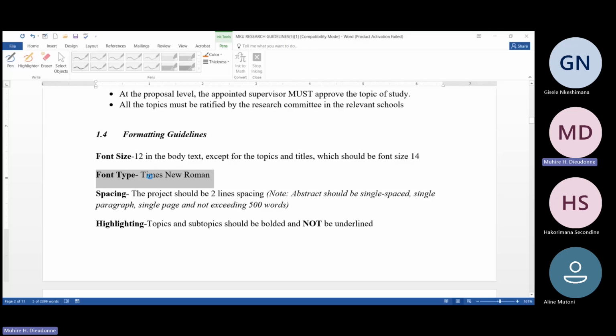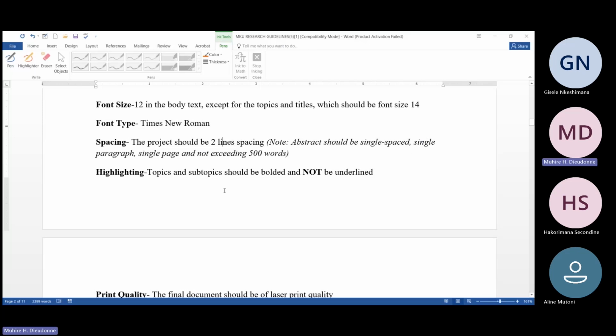Font type must be Times New Roman. Then line spacing is 2, only on the abstract we have line spacing of 1, a single paragraph on a single page, not exceeding 500 words.